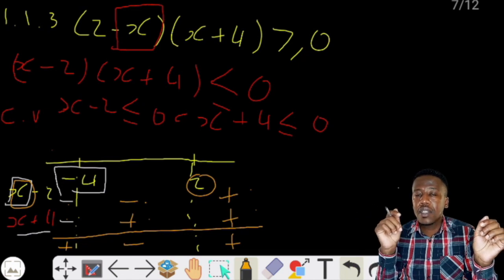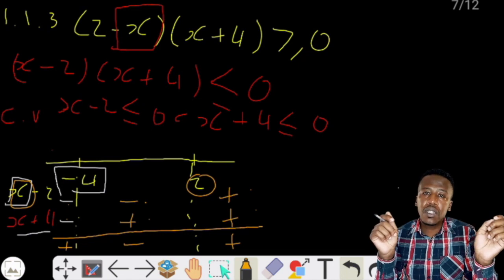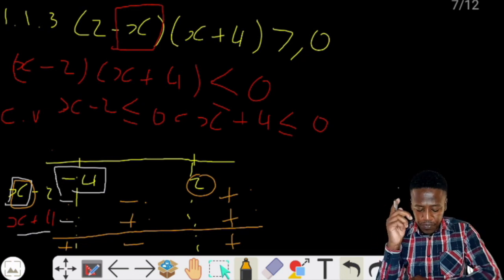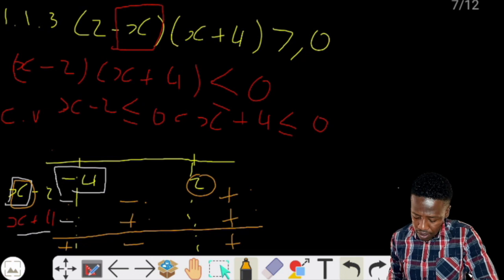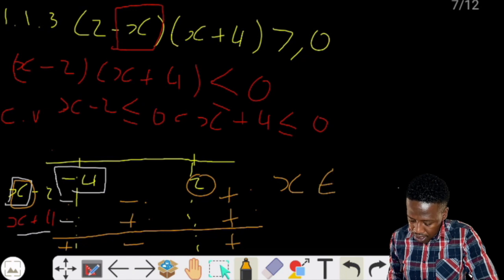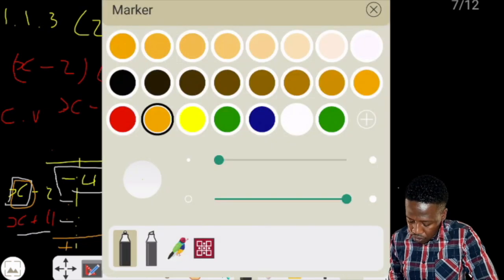So numbers which are less than 0 would be able to satisfy our equation, right? Now in this case, you should say x is an element of, again, let's look at our sign. Where do you get less than 0 or equals to 0? You get less than 0 or equals to 0.